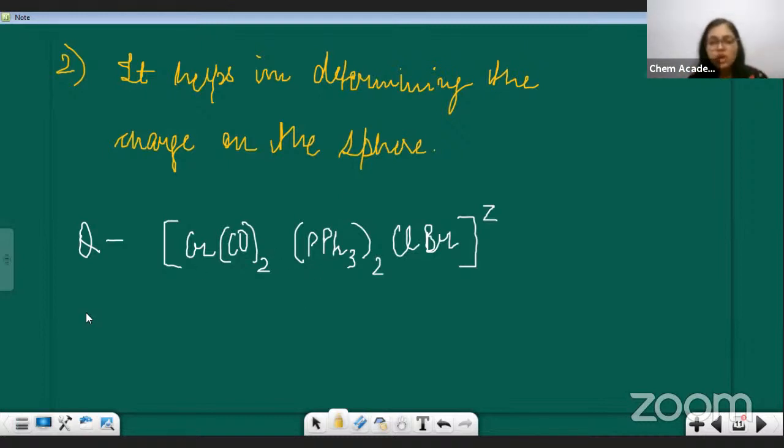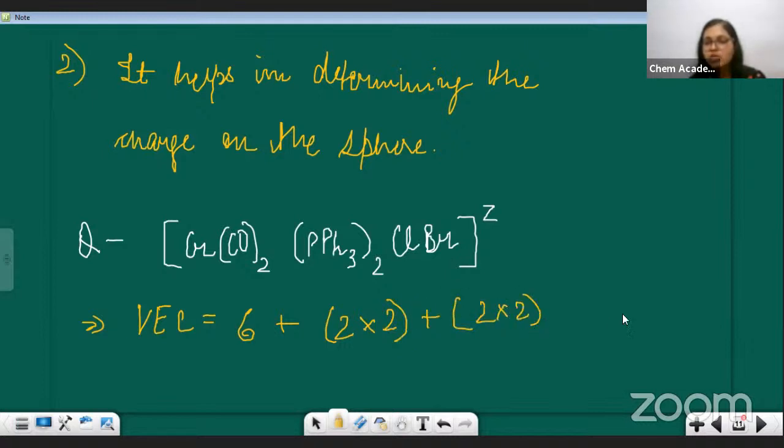So solving this for BEC, the group number of chromium is going to be 6 plus. For CO, the contribution is 2 into 2. Plus for PPh3, we know it is 2, since there are 2 of these, again 2. Plus for chlorine and bromine, it is 1 each, plus 1, and plus Z also we will do here.